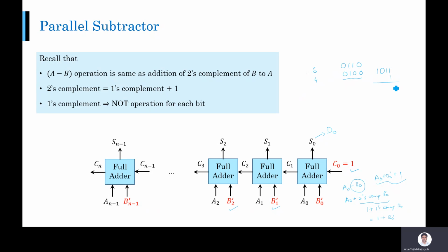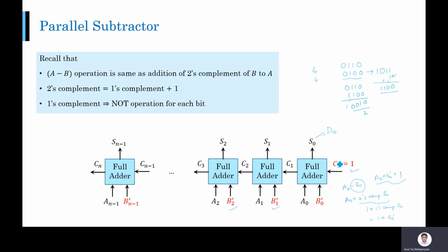So you add 0 1 1 0 and 1 1 0 0, and you get 0 1 0 with the carry out. So you have the value of 2, right? You just have to take 2's complement and add 1 for the last bit, and you will have the difference between 6 and 4.